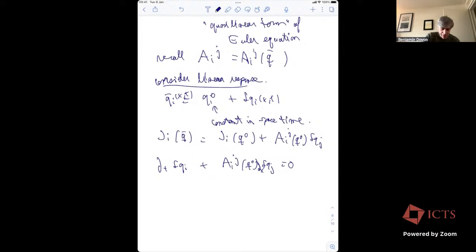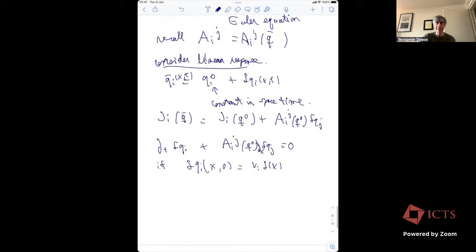So I can solve that, right? If I start with δQi at x and time 0 being some vector Vi δ(x), then I know how to evolve it. So I have some delta function initial variation.